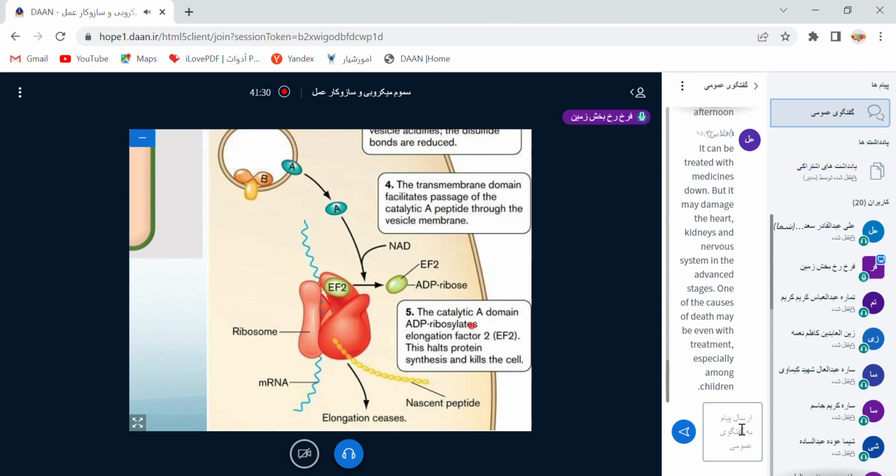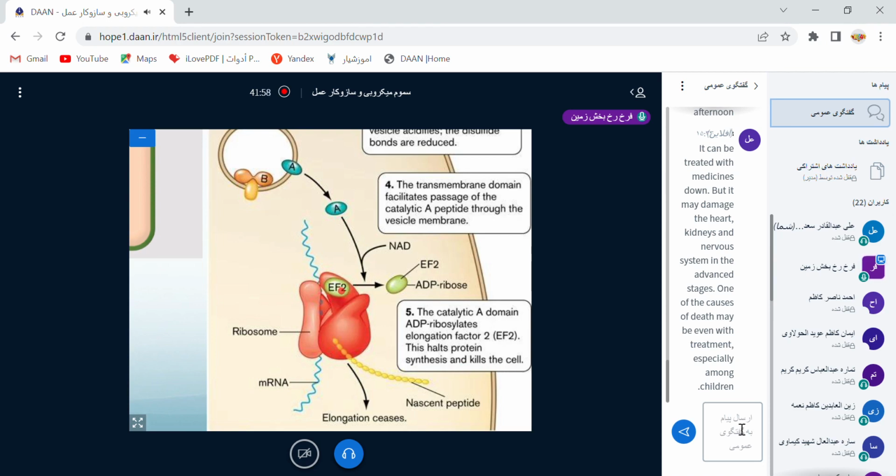Now the catalytic A domain ADP-ribosylates elongation factor 2, changing EF2 in such a way that this elongation factor now halts protein synthesis and kills the cell.